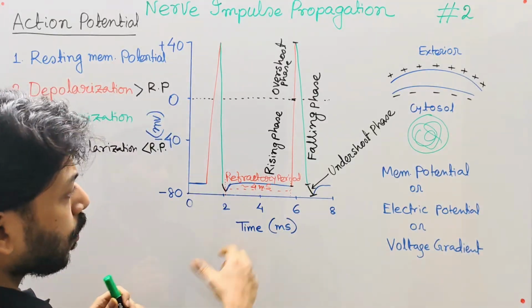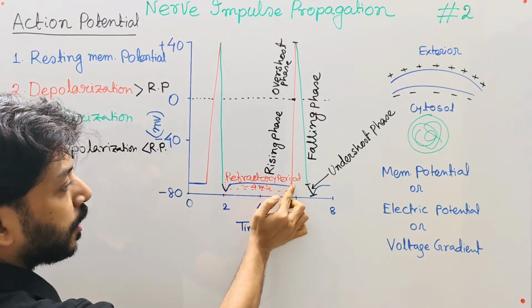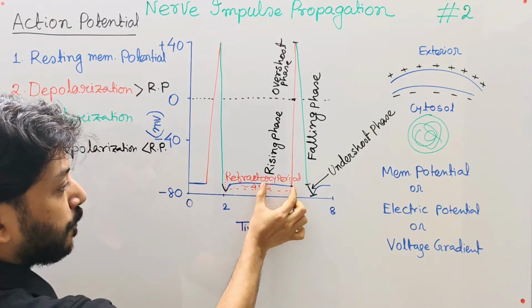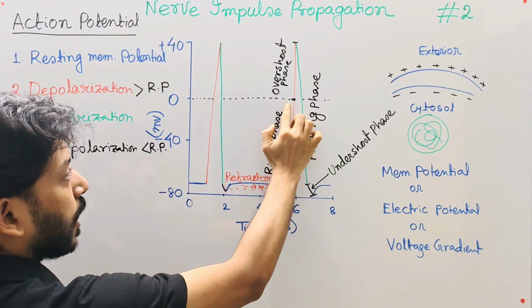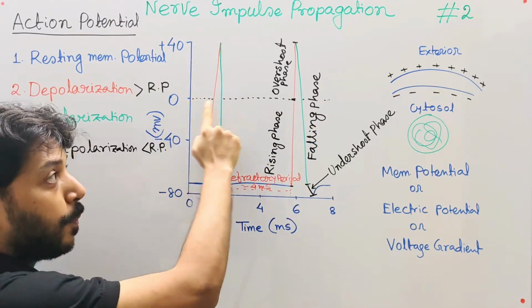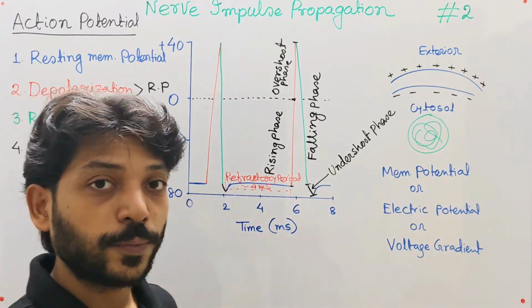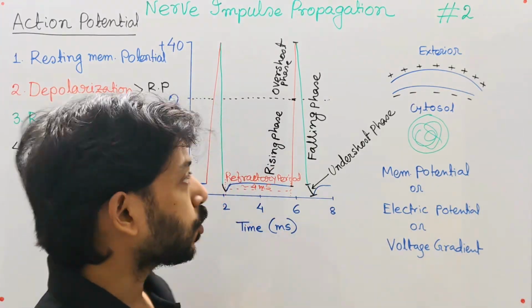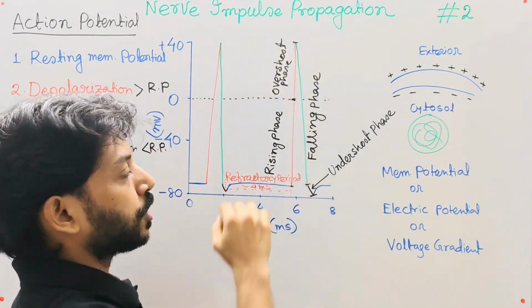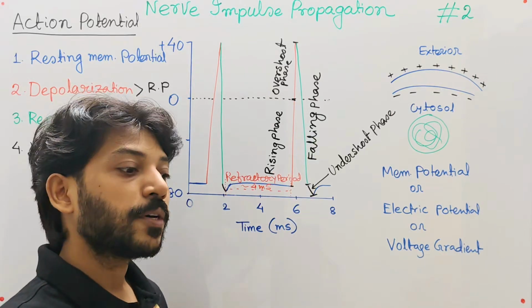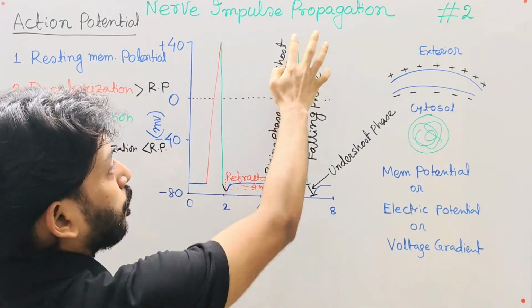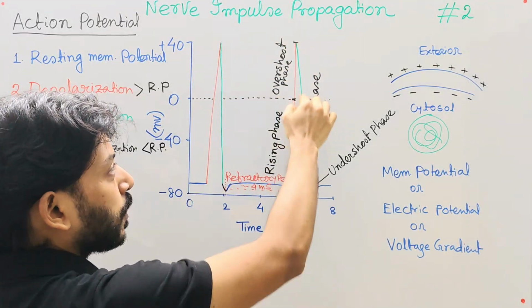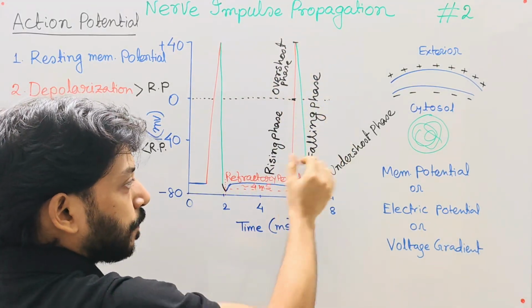When the membrane potential increases above the resting membrane potential, up to 0 millivolt, we call this the rising phase. But when the membrane potential becomes positive in value, we call it the overshoot phase, and here it touches the peak point.